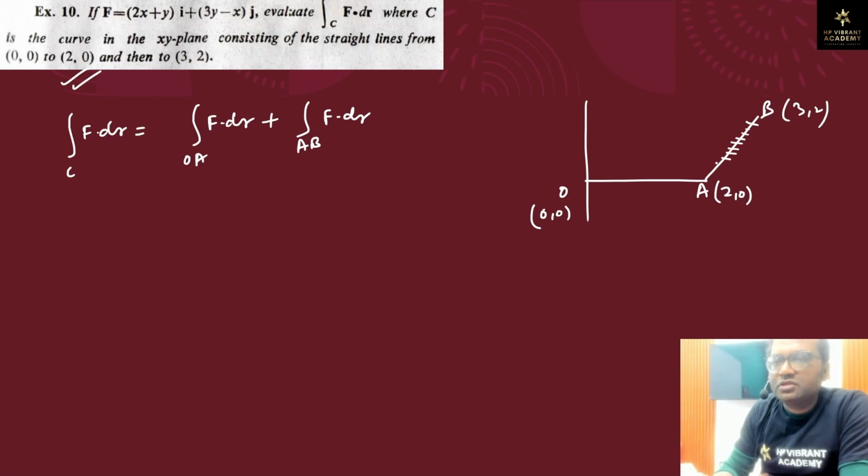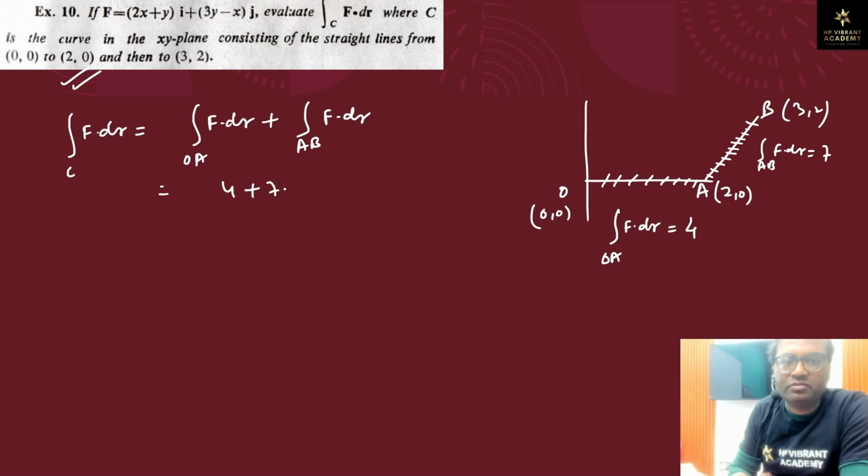This is the integral along AB and this is the integral along OA. So the value along OA is 4 and along AB is 7. So this will be 4 plus 7. So the value of the line integral is equal to 11.